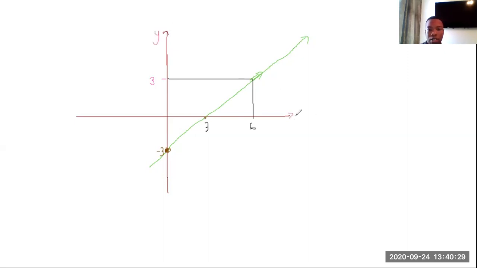This right here is the x-axis. Where does this green line cross the y-axis? The green line, where does it cross the y-axis? So I have y equals mx plus b. -3. This is the y-axis right here, and the green line crosses it at -3.